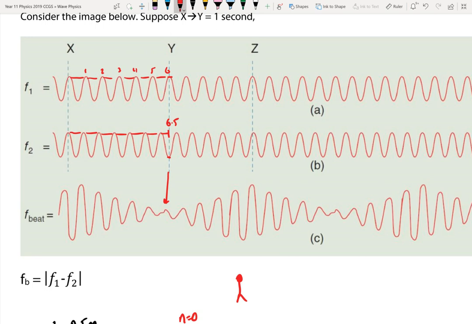By 4 hertz. So I'll drop this to, there we go. Okay? So this one's pumping out 100 in a second, this one's pumping out 96 in a second.